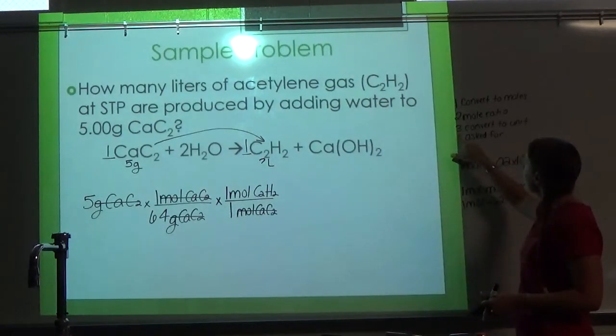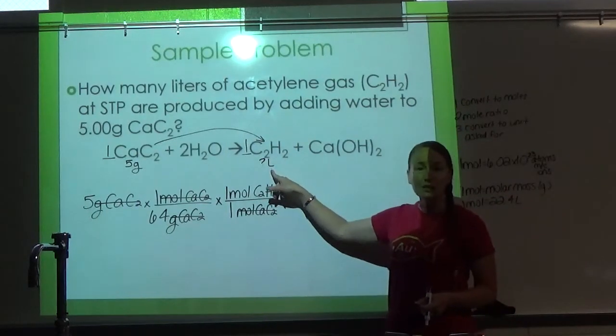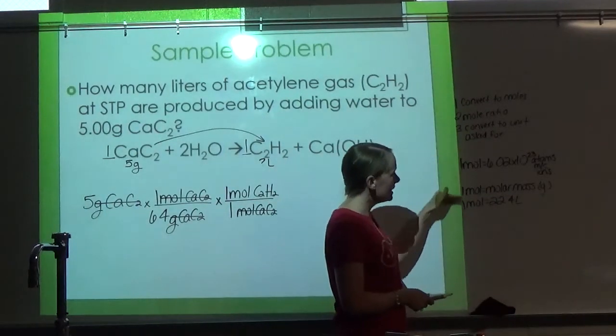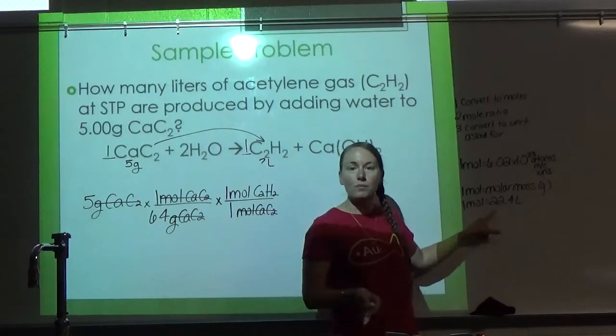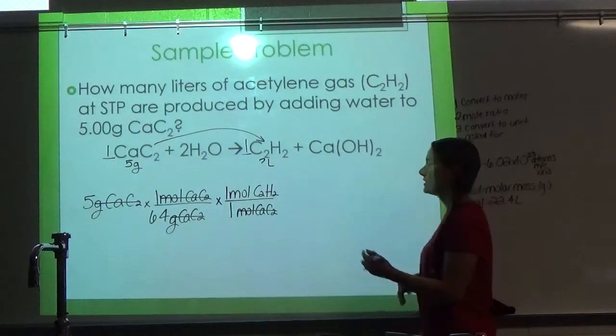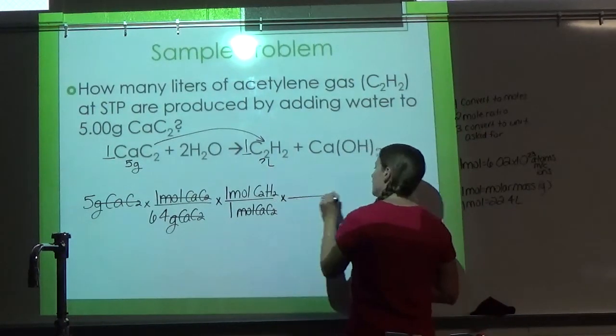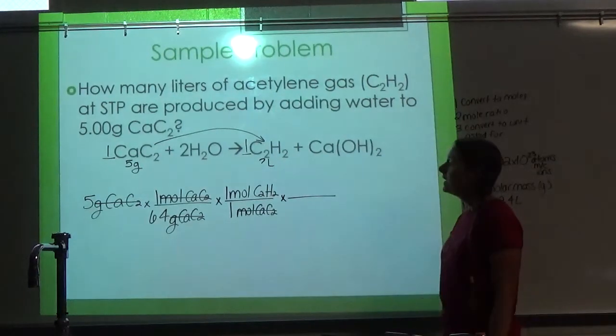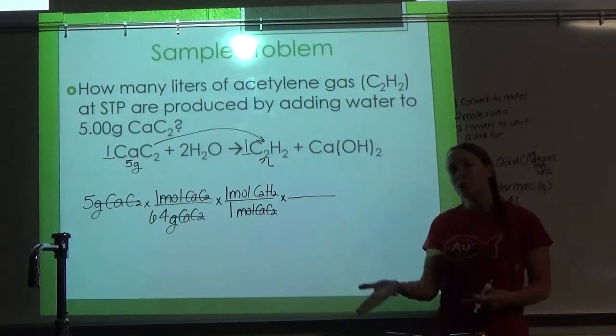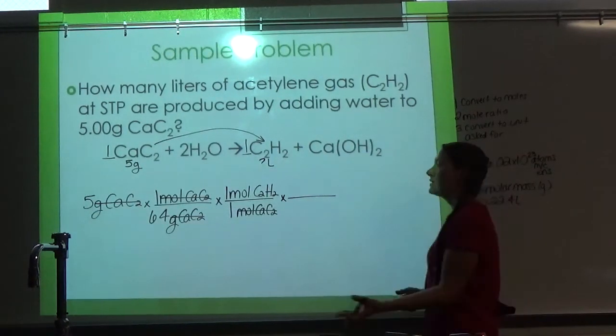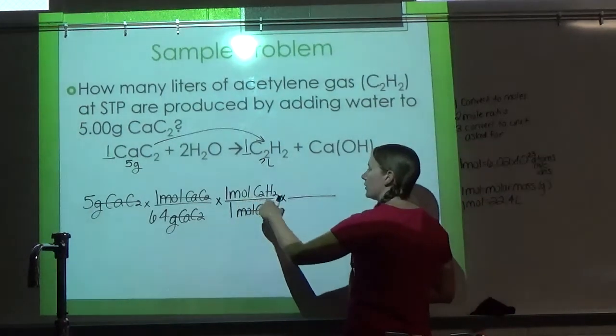Step 3 is convert to the unit asked for. The unit they asked for was liters, so which one would I use to get to liters? I would use 1 mole equals 22.4 liters. Again, don't start a new problem, just keep going. How do I know if the 1 mole or 22.4 liters goes on bottom? I follow the golden rule.